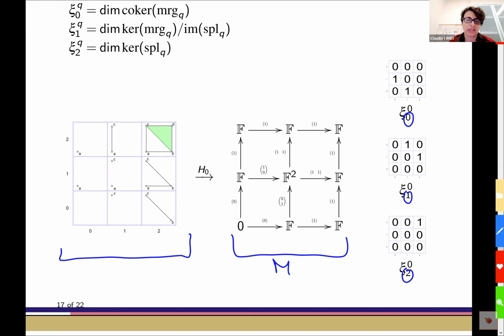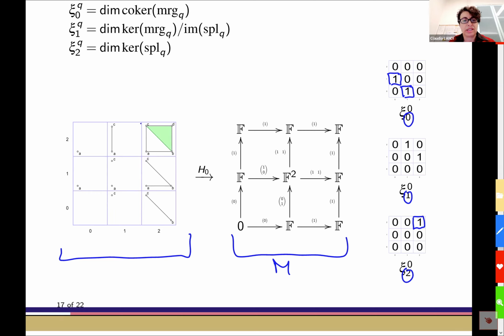And what do these tables tell me? Well, psi 0 basically tells me where there is a birth, because it corresponds to the dimension of a cokernel, and so tells me when something new appears. And we can see that something new appears only here and here, which means that there is the entrance of this vertex and the entrance of this vertex, whereas psi 2, for example, tells me that it is non-trivial only there.